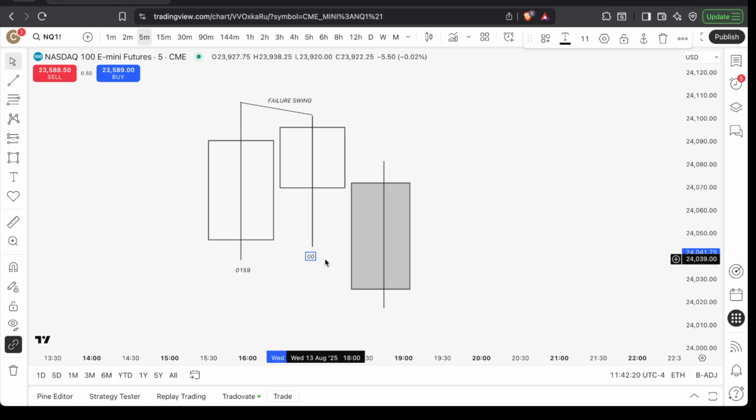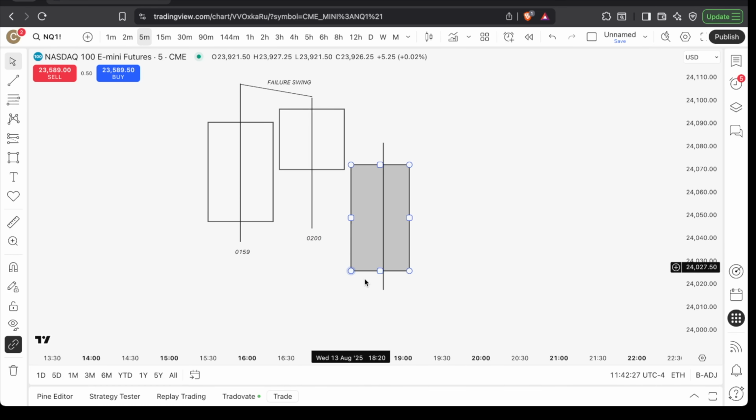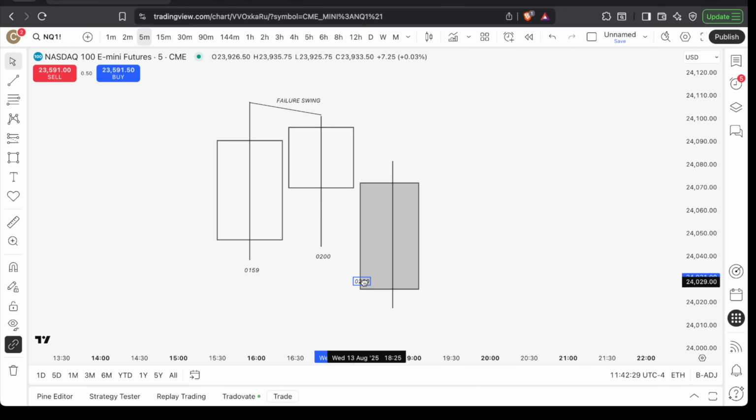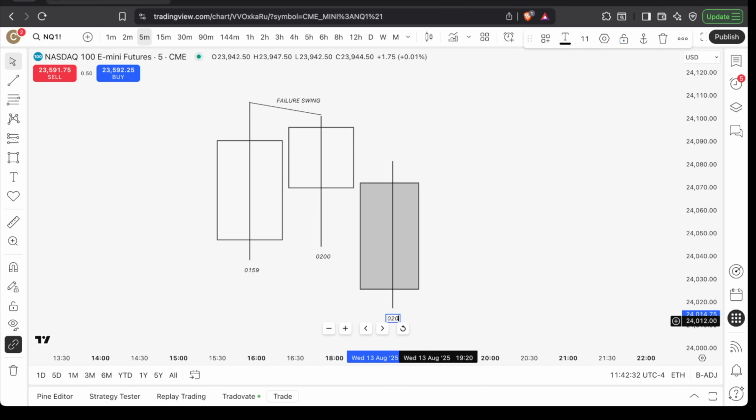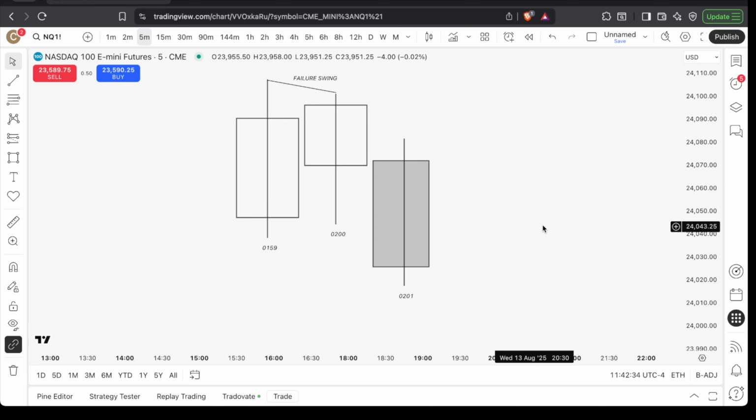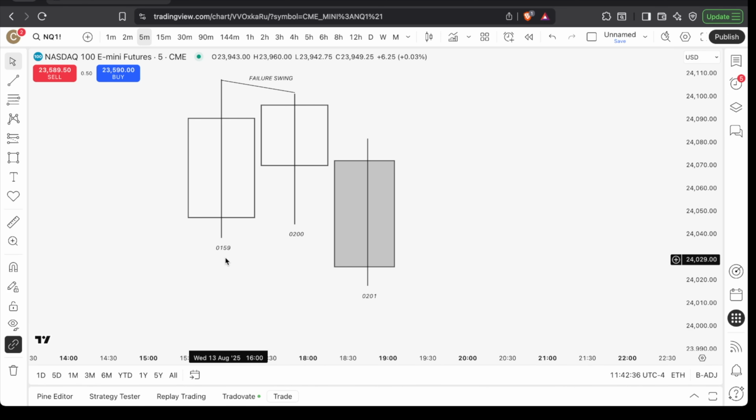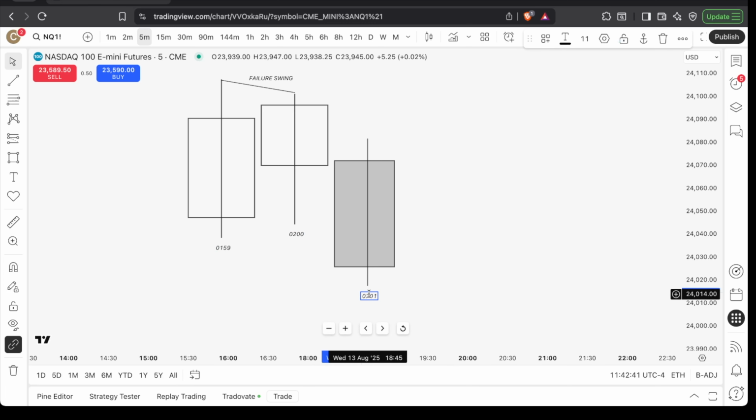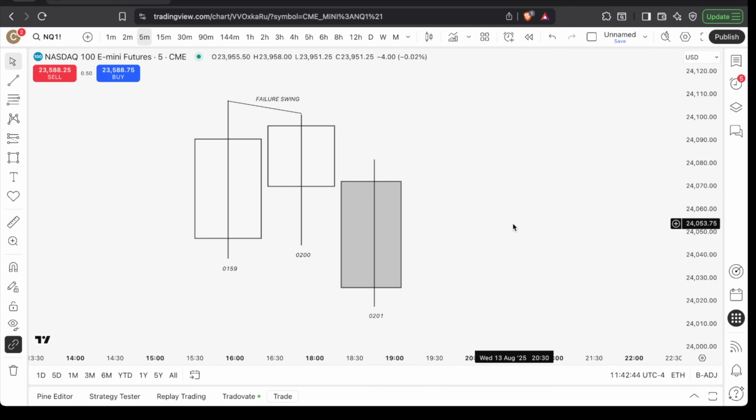So 1:59 a.m. This is 2 a.m. This is 2 a.m. 01. So 1:59 a.m., 2 a.m., 2 a.m. 01. The 2 a.m. candle failed to create a higher high, creating a failure swing. And the next candle proceeds to be bearish.